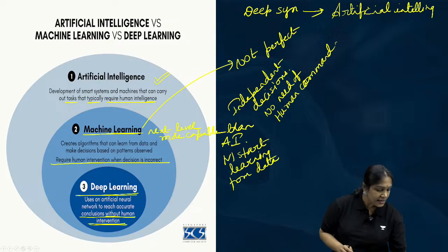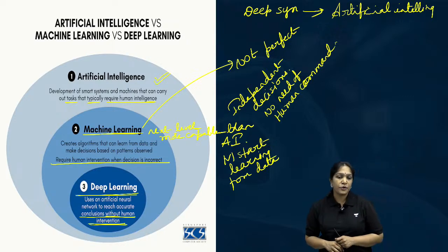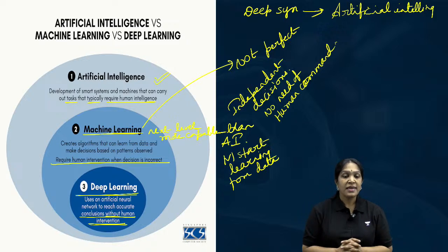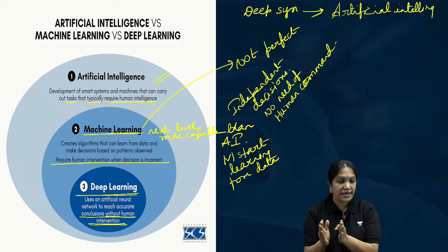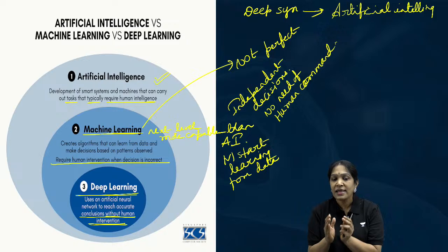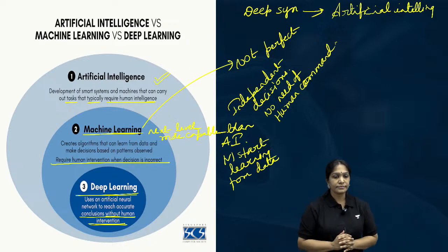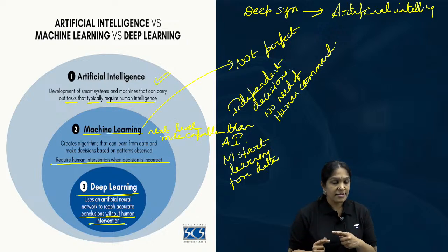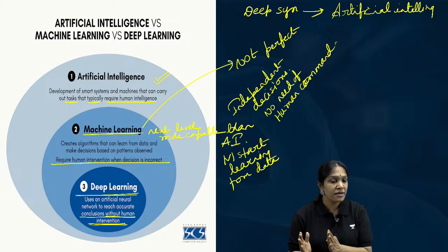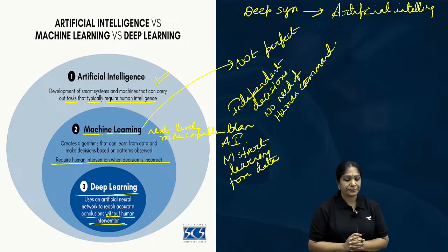If this is clear, answer these few questions. First, if a machine is doing the task that normally a human being will do, we call it what? Very good, beautiful.